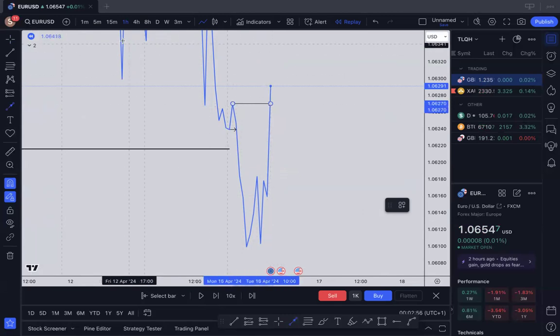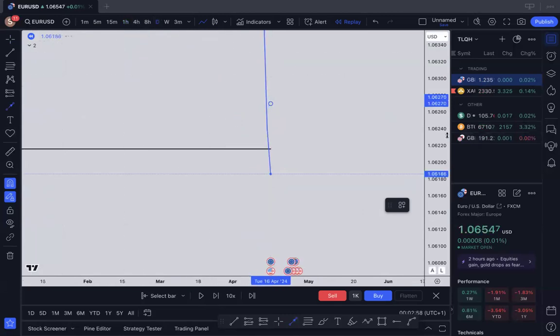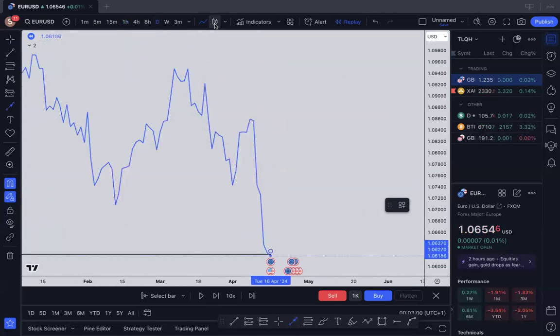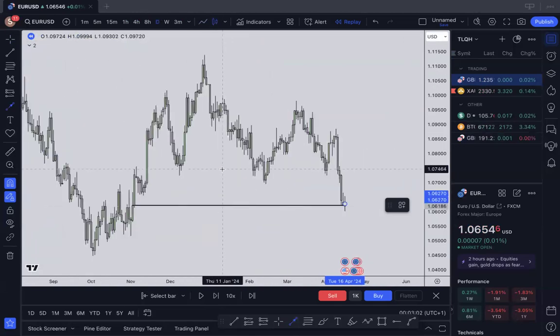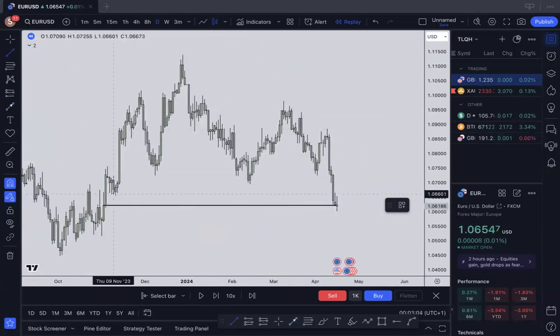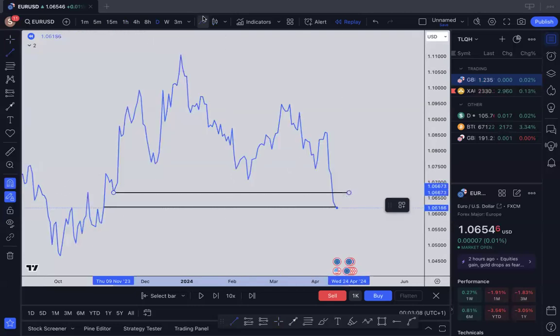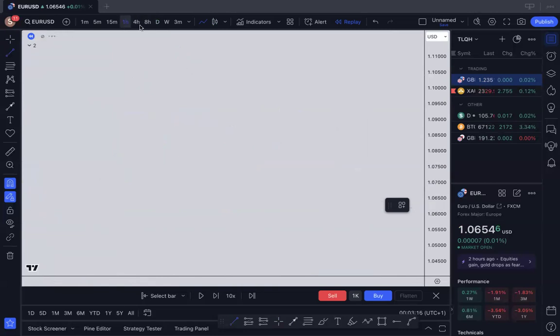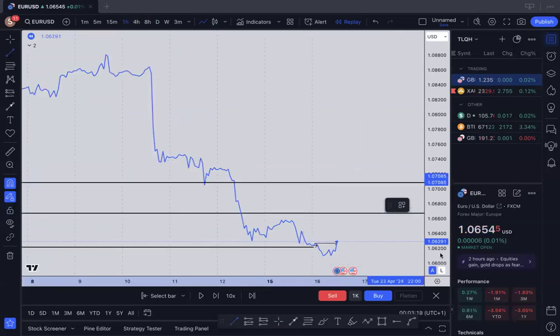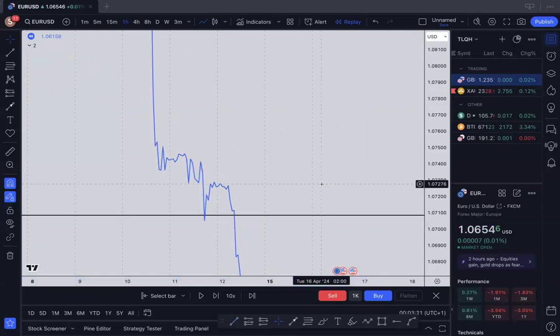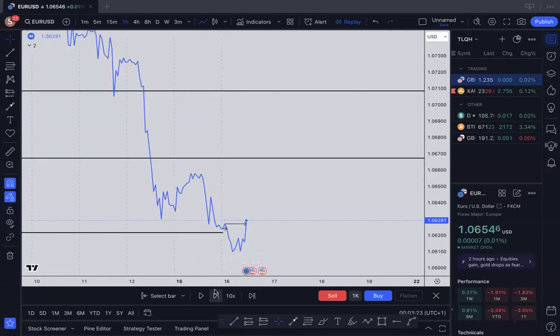Okay. And now on the daily, where is our next level? Well, our next level on the daily would be this low here. Okay. See that low. And then we would possibly also be looking at this low here. So from there, we're going to monitor it on the hourly.